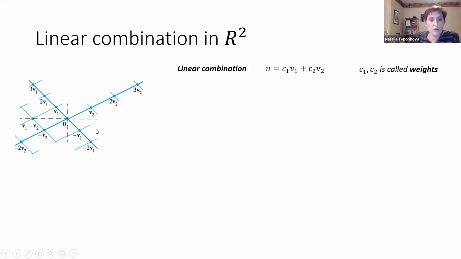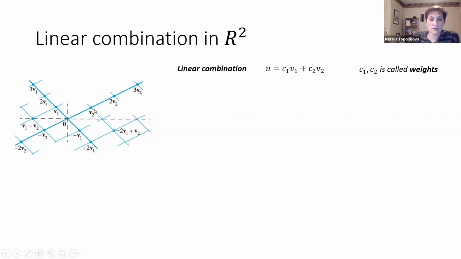We can also step twice in our grid in the negative direction of v1 and once in the positive direction of v2. That gives us the vector minus 2v1 plus v2, a linear combination where the weight of v1 is negative 2 and the weight of v2 is 1.